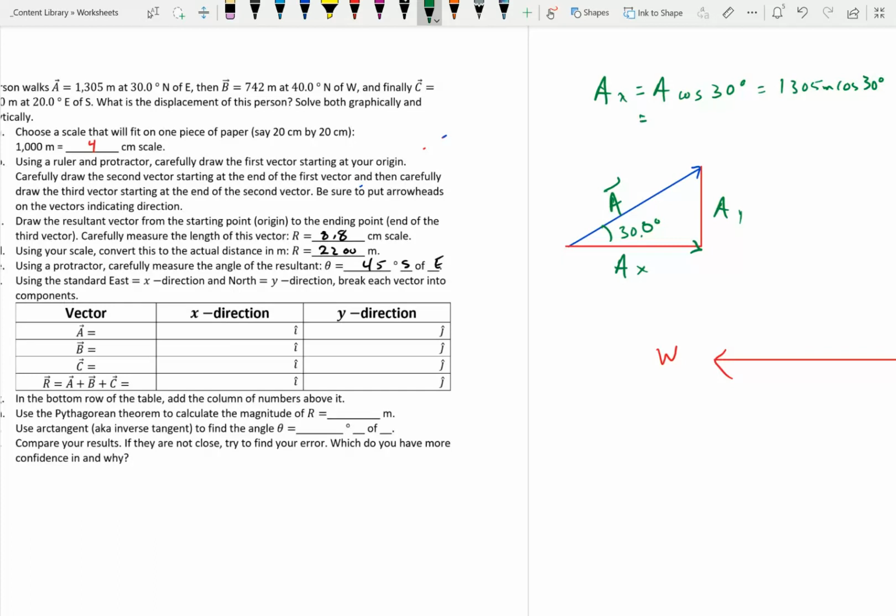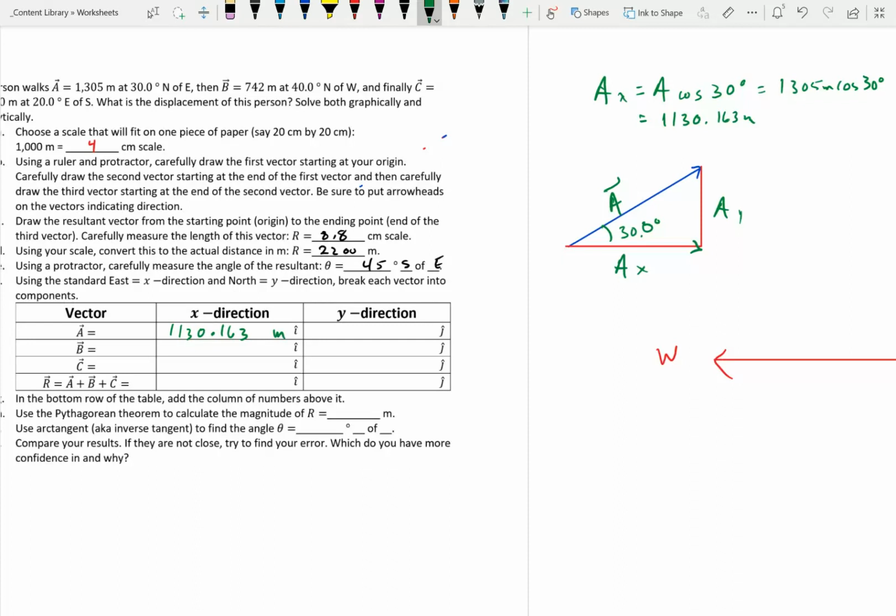So AX turns out to be 1130.163 meters. Now, notice I'm keeping ridiculous sig figs here. Notice I have an i hat there. That means in the x direction. That's what i hat means.